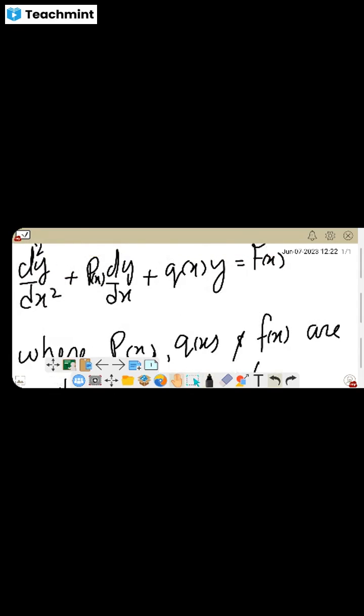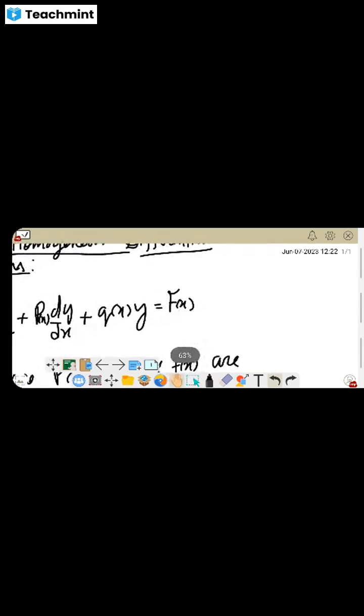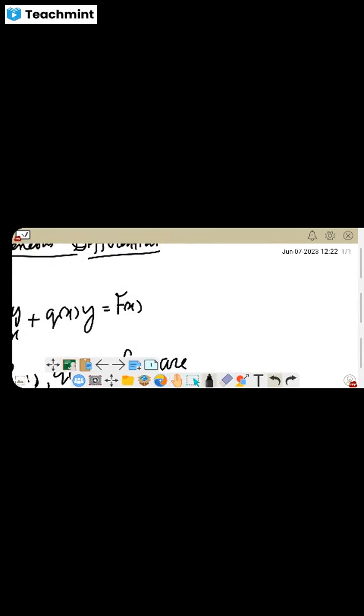I'm telling you what is the difference between homogeneous and non-homogeneous. Because we have f(x) here, if f(x) is not equal to 0, then this is non-homogeneous.